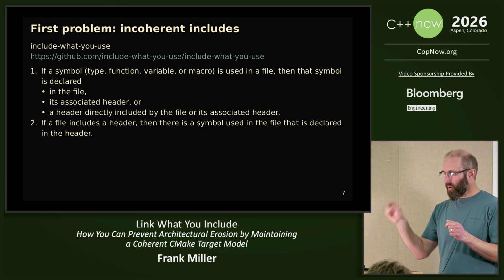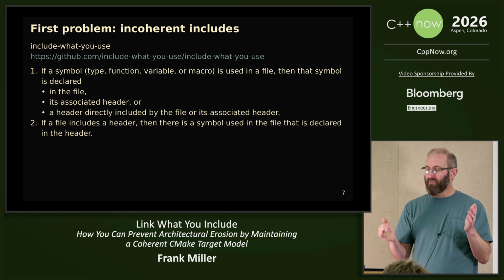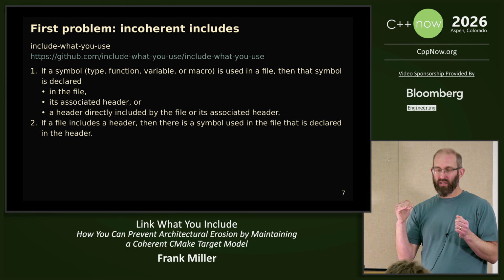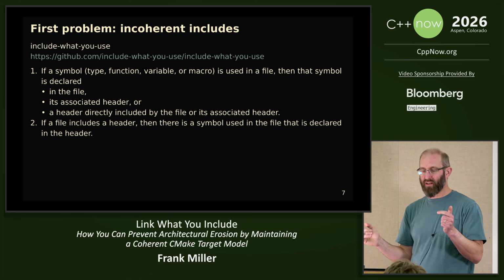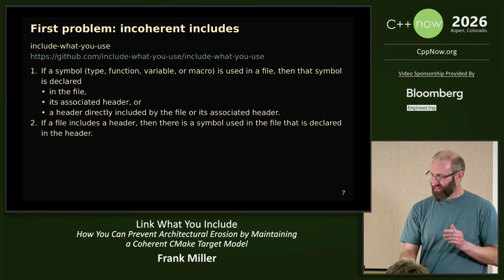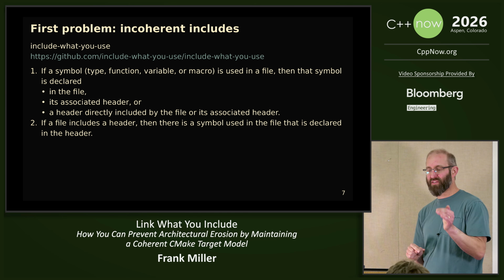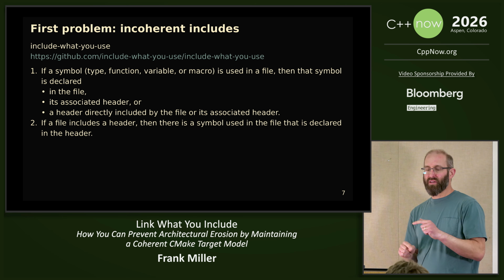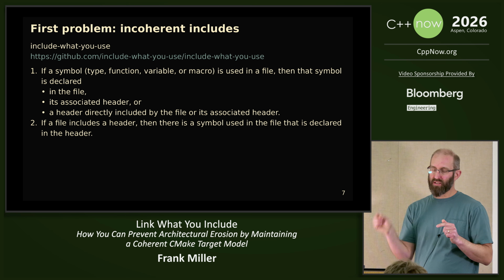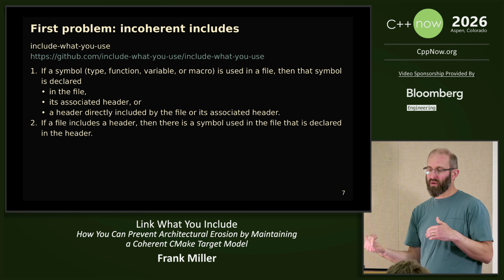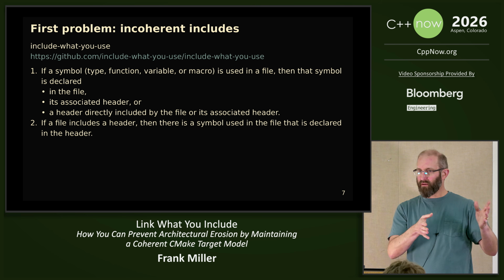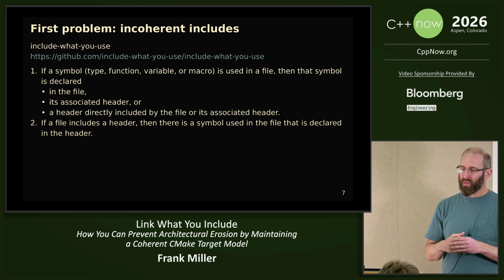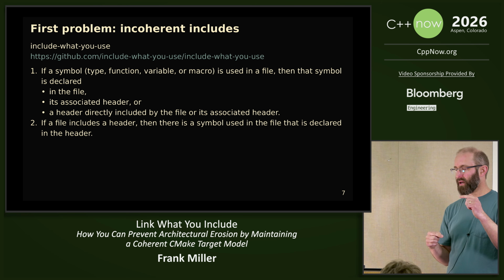It's finding where those are used and where they're declared, and then enforcing that if a symbol is used in a file, then that symbol is declared either in the file, in its associated header, or in a header directly included by the file or its associated header. So an associated header is, a CPP file often has a header that's associated, right? So that first rule is enforcing that if you use something, then you include it. You include what you use.